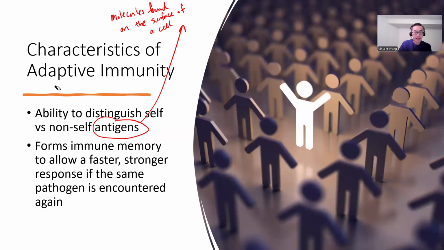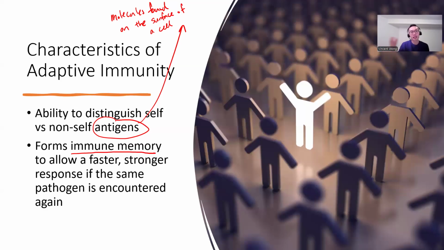The other characteristic of adaptive immunity is the ability to form immune memory. If you fought off some pathogens and recover from it, you keep a file of that pathogen in your system, basically.